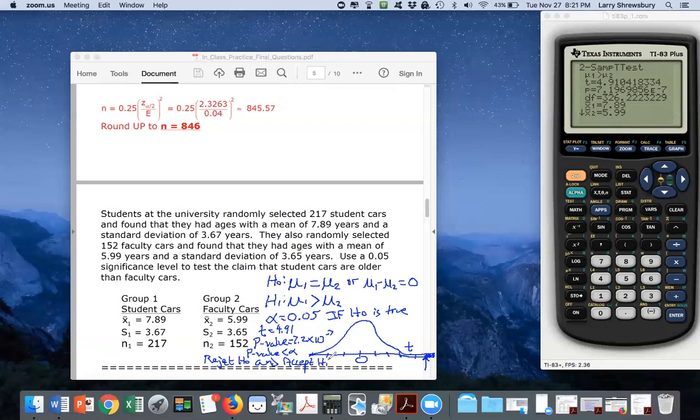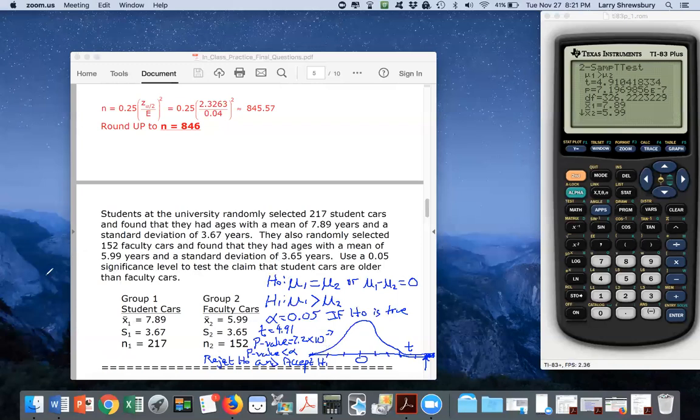Because there is sufficient evidence at the 5% significance level to support the claim that student cars are older than faculty cars. You see how I just stole the words right from right here? And after I wrote the short version, then I can show off stated in context.